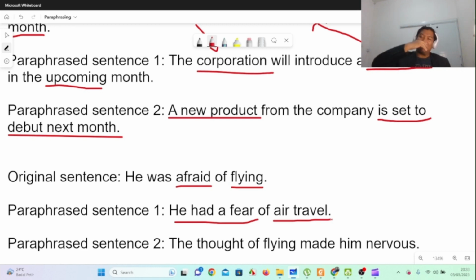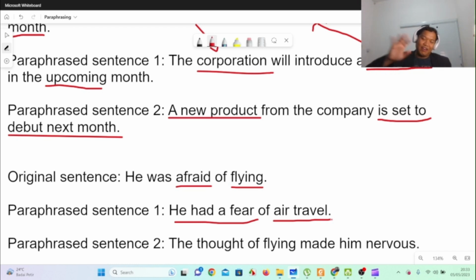One of the things that you should ask yourself when you're doing paraphrasing is, do they go into the same categories? In this case, flying and air travel. Yes, they are, because the only way humans can fly is if they travel in the air, whether that be by airplanes, parachute, paragliding, same thing, right? That's air traveling.